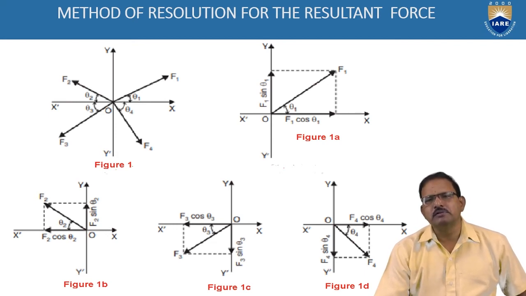The algebraic sum means we have to take the algebraic sum of the forces acting along the x direction. This sum is treated as the horizontal component of the resultant force.